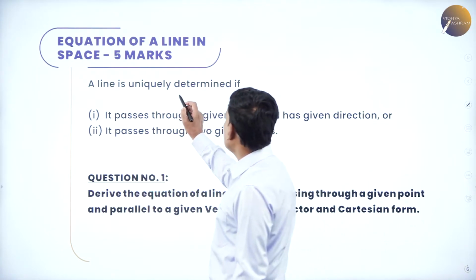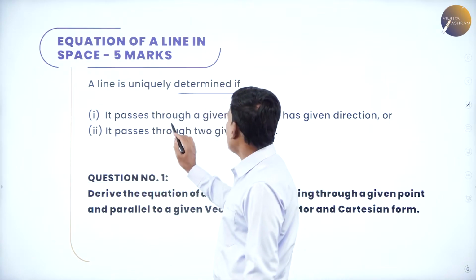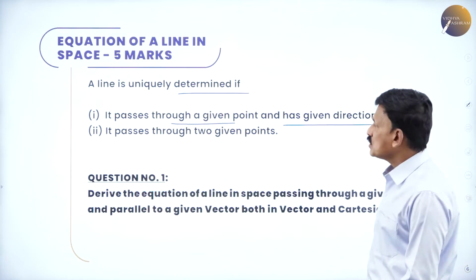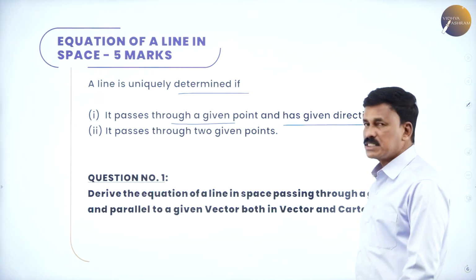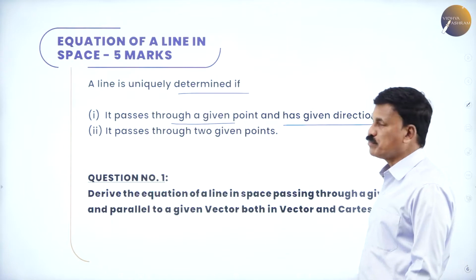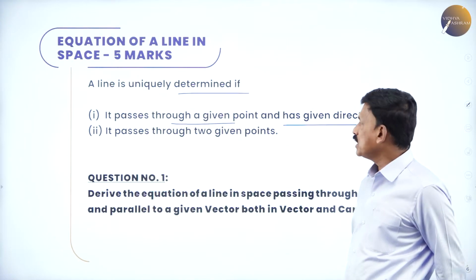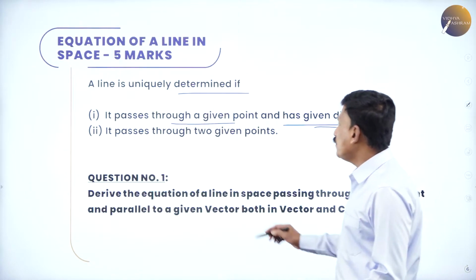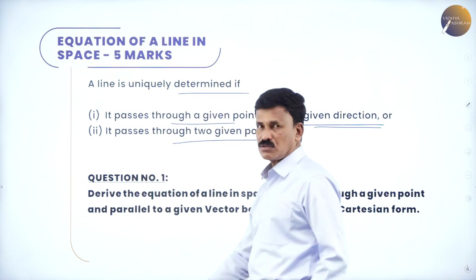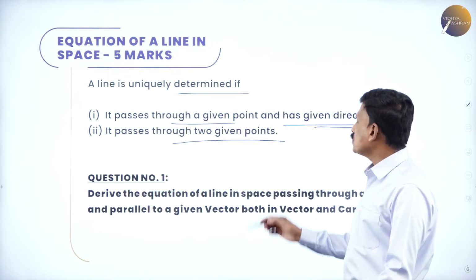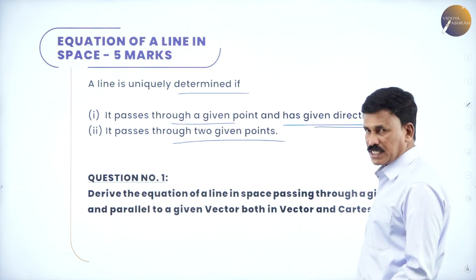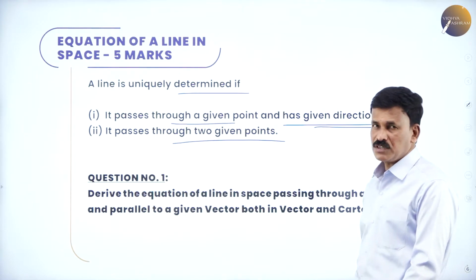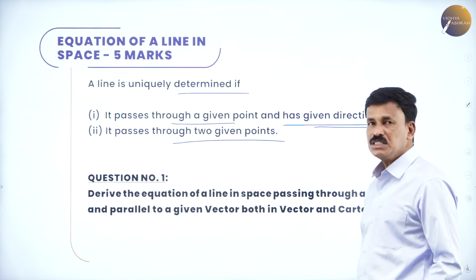A line is uniquely determined if it passes through a given point and has a given direction, or if it passes through 2 given points. Here it passes through the given point and has a given direction. The second one, if it passes through any 2 given points, then we are going to find the equation.